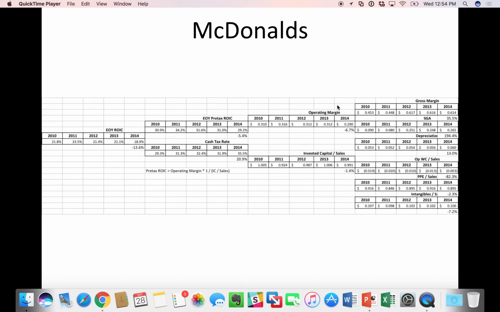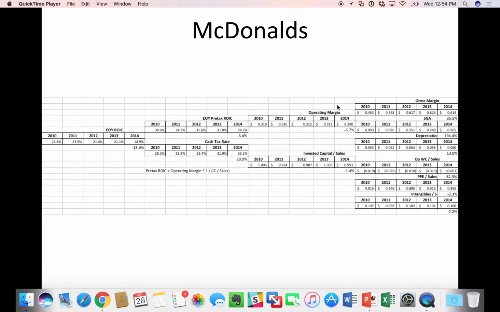So here's what's interesting about McDonald's. What we now know is over this 5-year period of time, McDonald's performance was getting more challenged. And while they were getting more challenged, it was primarily because they were paying more in taxes. But underlying that, they were having some problems. And on the store level, the operating level, where they were having problems was actually in margin, not productivity of the capital.